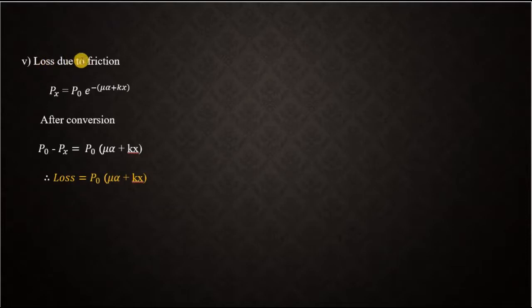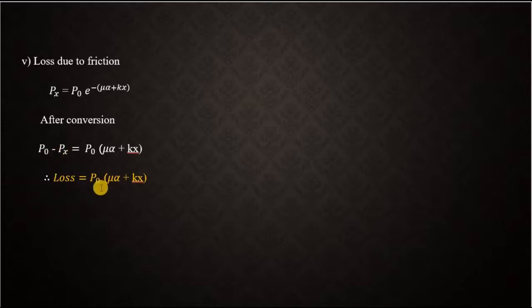Next is the loss due to friction. We know the standard formula for friction, but after conversion we get P naught minus Px equal to P naught into (mu alpha plus Kx). This term is considered the loss.